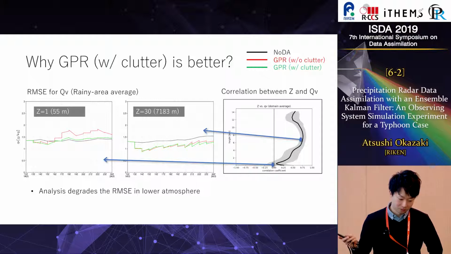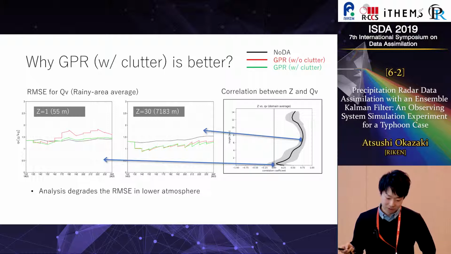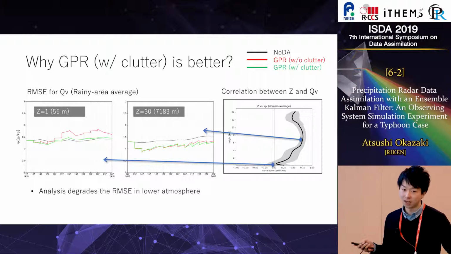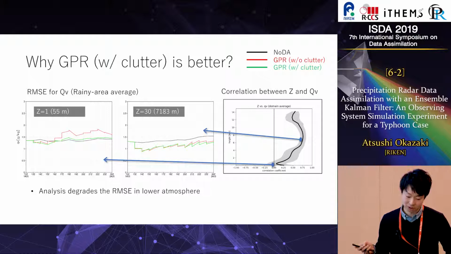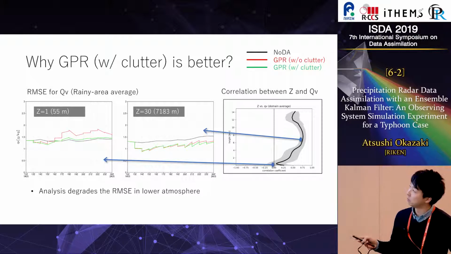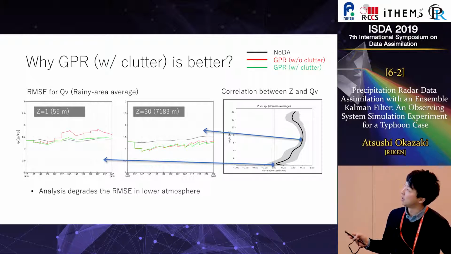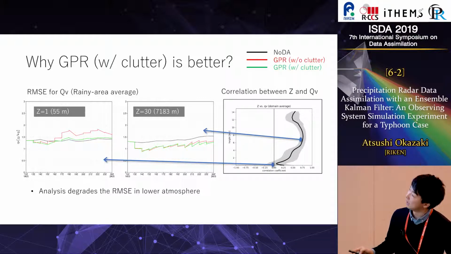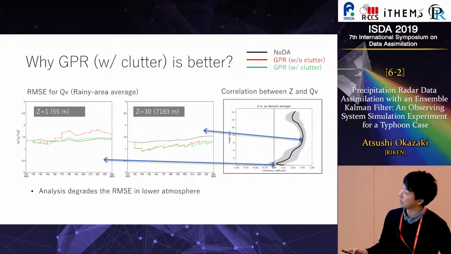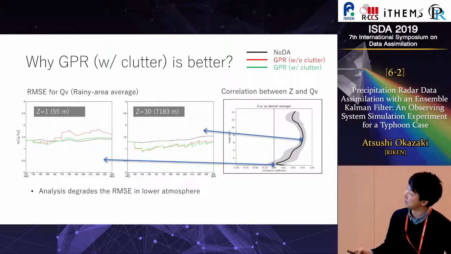So I investigated those two points. The first one: why is GPR with clutter better? The answer to the first question is that the reflectivity at lower altitude is detrimental. This figure shows the correlation between reflectivity and humidity in the altitude-correlation coordinate. For the lower atmosphere, the correlation is very small, almost 0. So if you assimilate the reflectivity here, the RMSE increases.